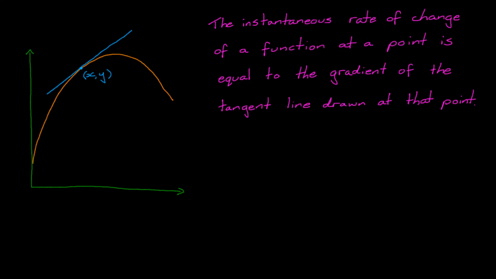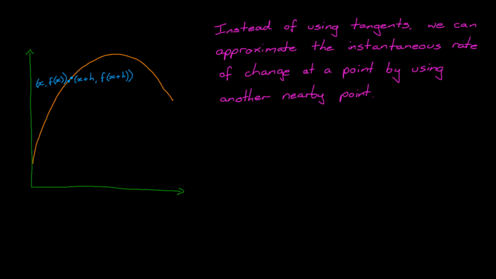What we really need is a way to work out the exact value of the instantaneous rate of change at that point. Instead of using tangents, we can approximate the instantaneous rate of change at a point on a function by using another nearby point. So we take one point, x, f of x, we take another point that is some small increment of x away, and we'll call this difference h, and so we get another point that's at x plus h, and evaluates as f of x plus h.